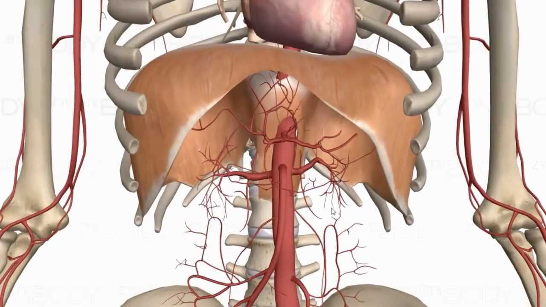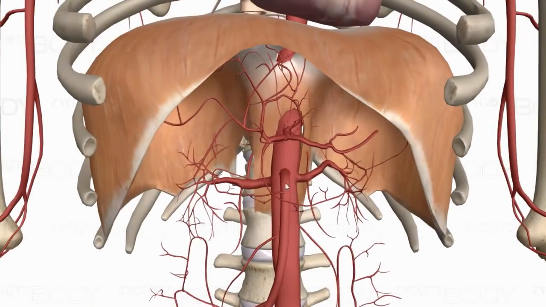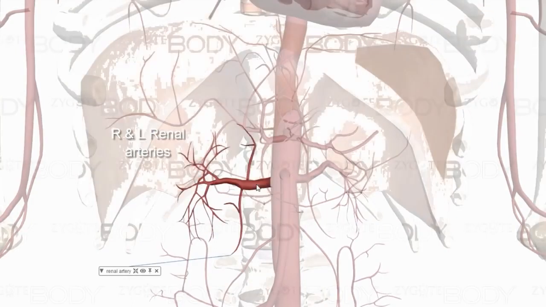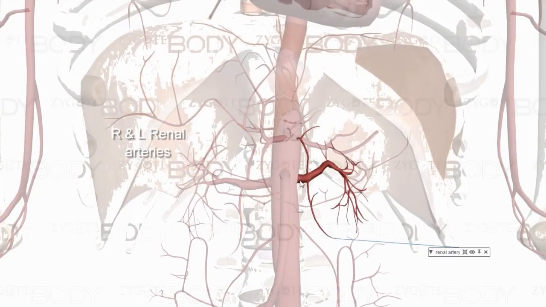Okay, now just underneath the superior mesenteric artery, we're going to have our right and our left renal arteries. There we go. So the right and the left renal arteries.